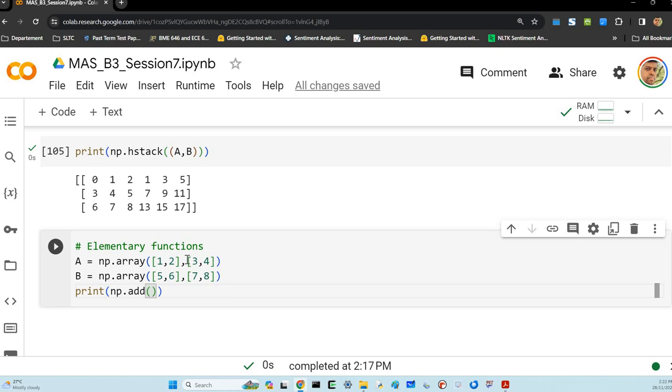So there are methods if you want to add the contents of A and B. Remember, these are called elementary because these are element wise functions. For example, when you say add A comma B, all the elements in A and B are added together, and this is what you will be getting.